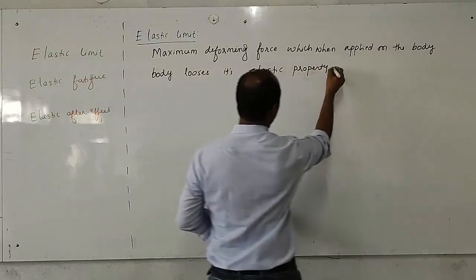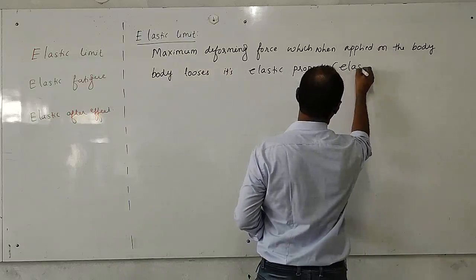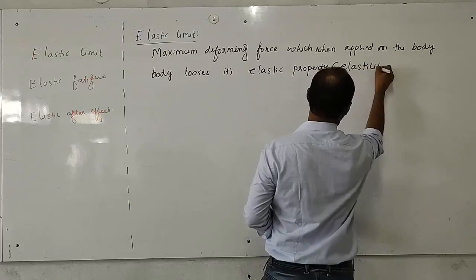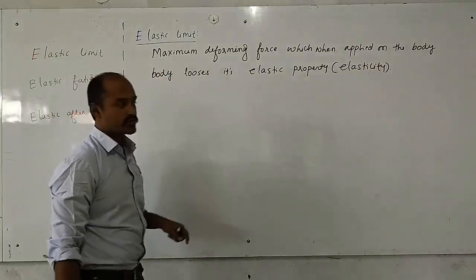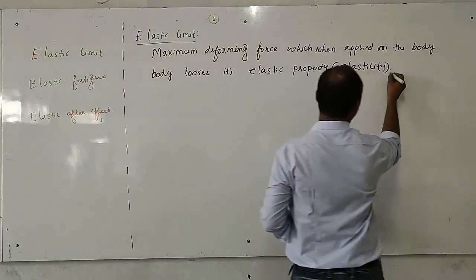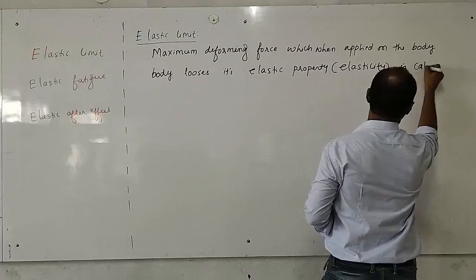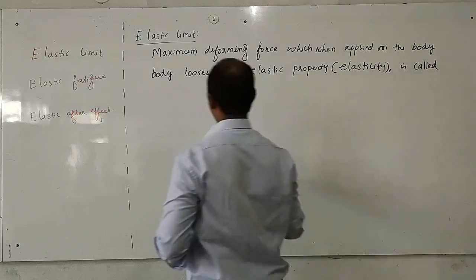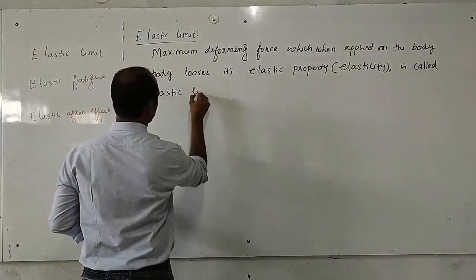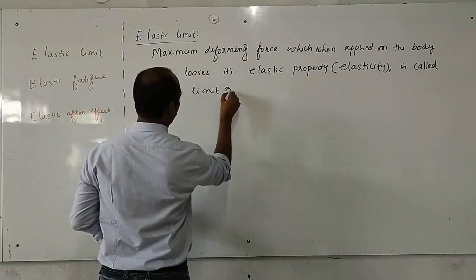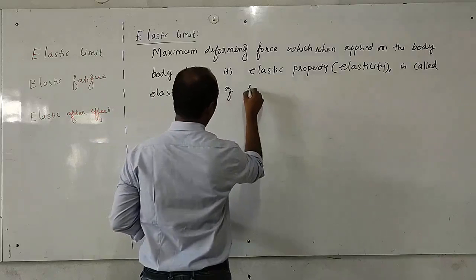Elastic property means what? It is elasticity. So this maximum deforming force is called the elastic limit of that body.